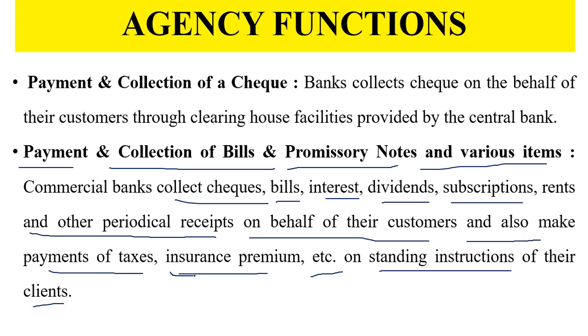So the bank will automatically debit the premium amount and transfer it to the insurance policy. In this way the bank is acting as an agent for the insurance company as well as for you. So these are the payments and collections of checks, promissory notes, bills of exchange, rent and other payments.